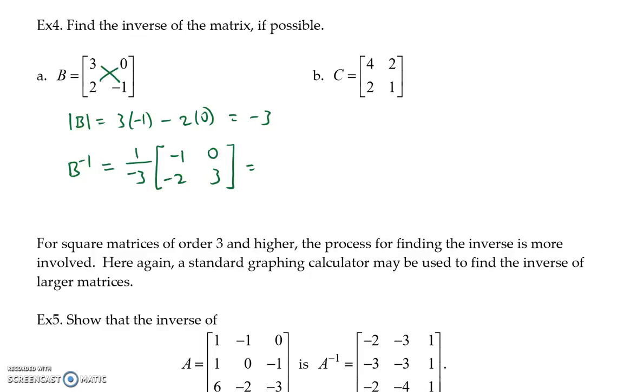We're going to multiply each entry, this is a scalar multiplication inside the matrix, by negative 1/3. So negative 1 times negative 1/3 is positive 1/3. Negative 1/3 times 0 is just 0. Negative 1/3 times negative 2 is positive 2/3.